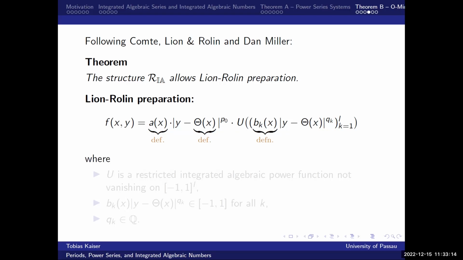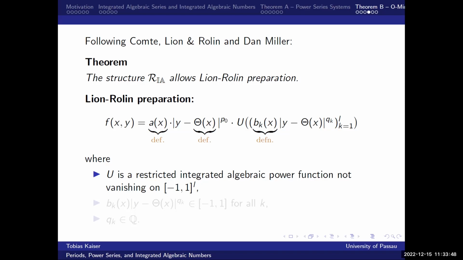Namely, here again, functions of this form, finitely many, and I plug this into a power series in our system, which is away from zero and infinity. So here, U is a restricted integrated algebraic power function or power series, not vanishing on this compact set.